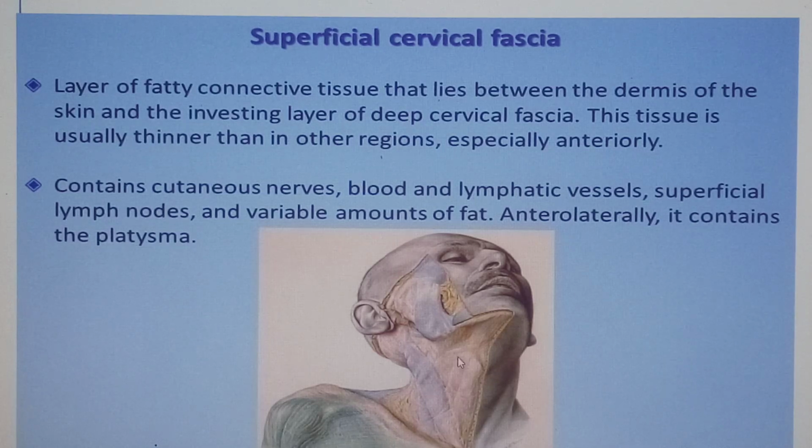So it means that the cervical branch of the facial nerve, alongside the platysma and external jugular vein, will dwell in this superficial fascia of the neck, which is fatty. But my friends, not only that, it makes sense that we also find some superficial lymph nodes in the neck region, alongside, of course, some lymphatic vessels. Okay, so that is one thing I want you to know.